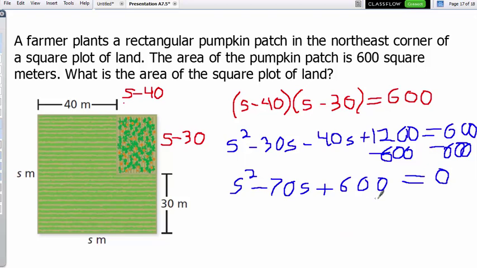So factors of 600 that add to get me negative 70, that's going to end up being s minus 60 and s minus 10.